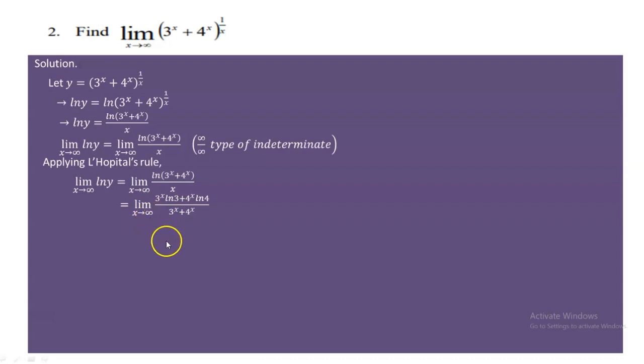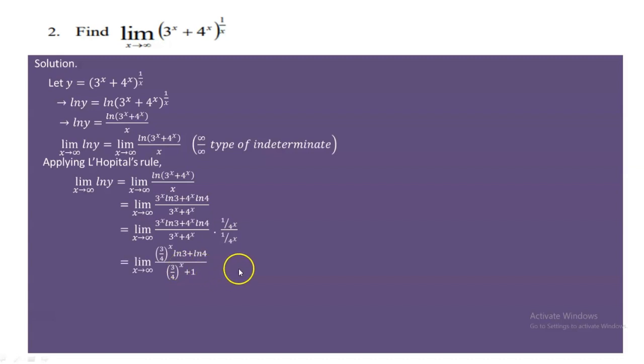Now in order to evaluate this in a better sense, let's multiply the numerator and the denominator by 1 over 4^x, because that one is the larger exponential expression compared to 3^x. So multiply the numerator as well as the denominator by 1 over 4^x.